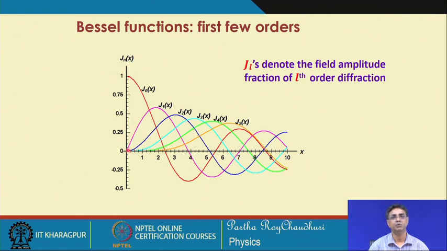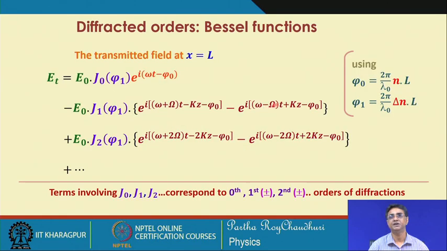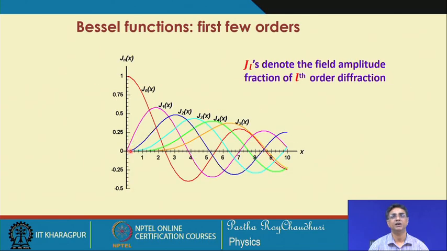And as you move away from this 0 position, with increasing value of the phase phi 1, because delta n changes, the value of phi 1 changes, and you see that other orders are appearing, other orders are coming into play. When you are here, you can see that all the orders are present, this order, this order, this order.